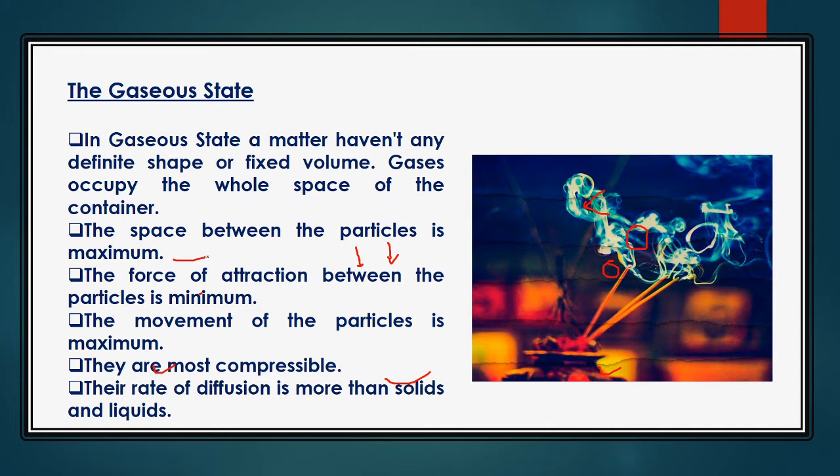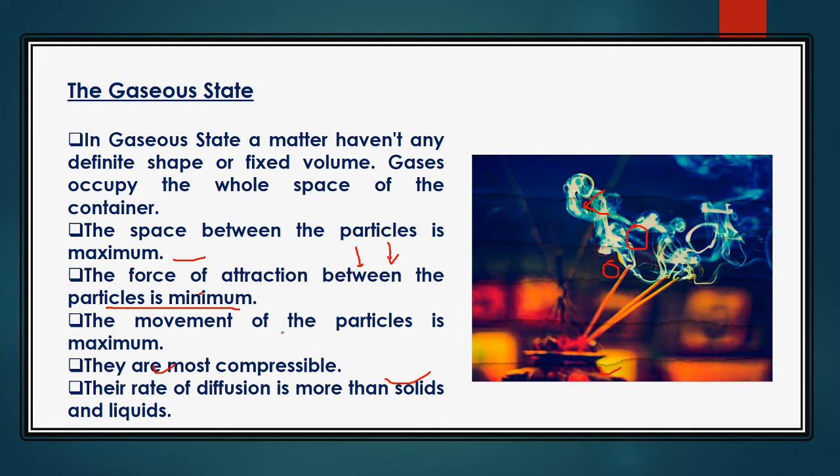What is the cause of this space, and why are the particles far from each other? The answer is that the force of attraction between the particles is minimum. In the gaseous state, the distance between the particles is maximum because the force of attraction is minimum. So these two are other properties of gas: the space between the particles is maximum and the force of attraction between the particles is minimum.